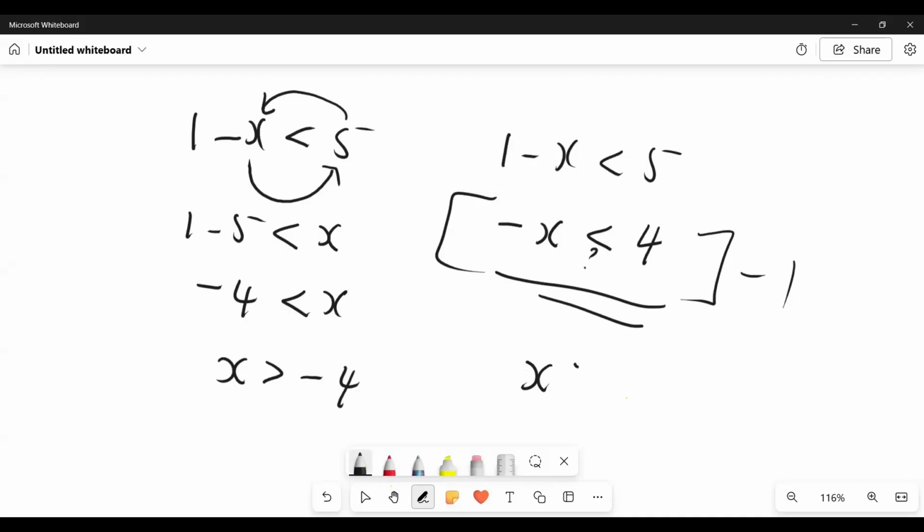This has to switch around. That becomes -4, right? So you end up with the same solution as this. But just remember that one little bit in the rule: if you multiply or divide throughout by a negative number, the inequality sign has to be reversed. Right? Good.